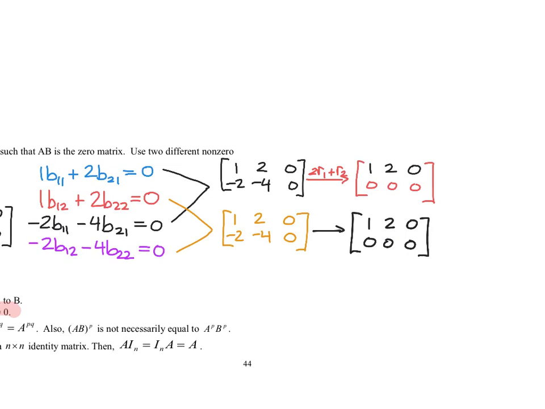So what we get is B11 is equal to -2 B21. All right, for the first system. Now, the other one's zeroed out, so all we can get from that is that B21 is equal to B21. All right.